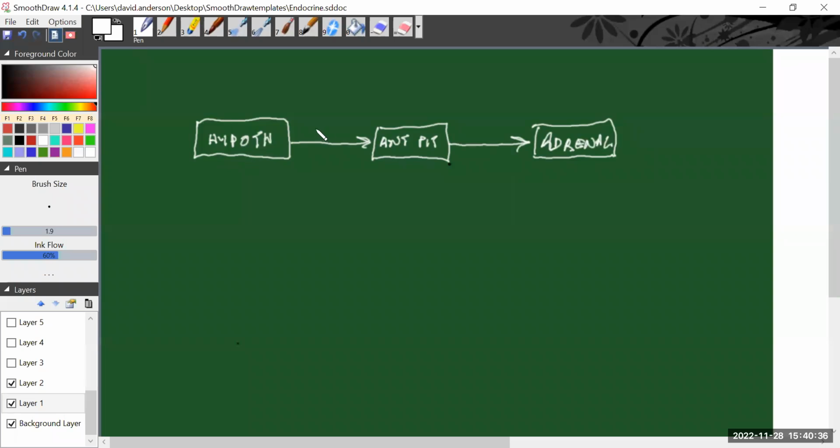So from the hypothalamus, under the right stimulus, so we have to have a stimulus. And that stimulus can be low blood glucose, for example. It could be stress.